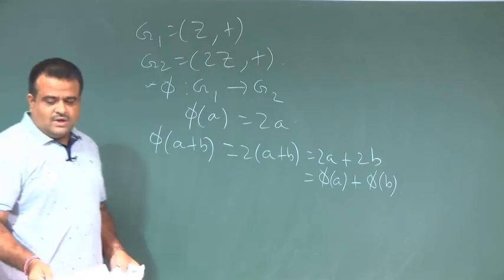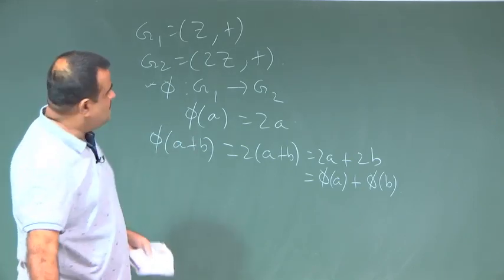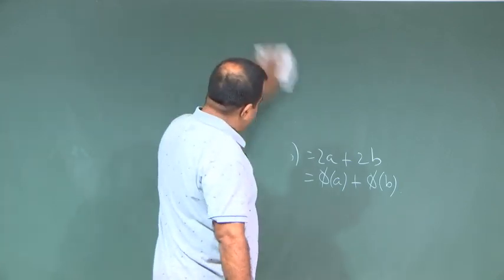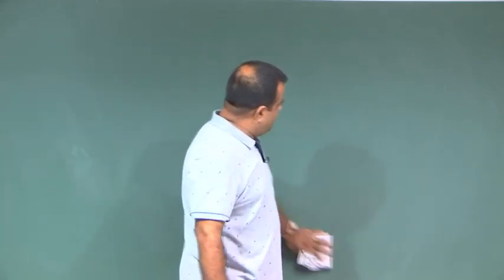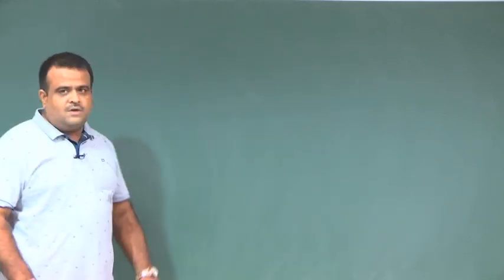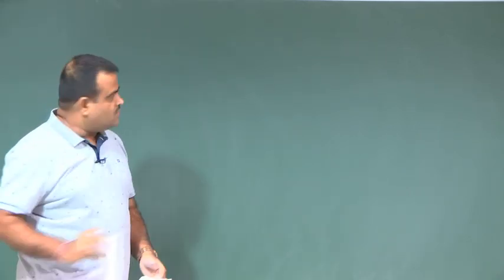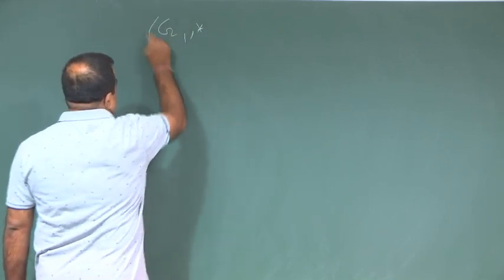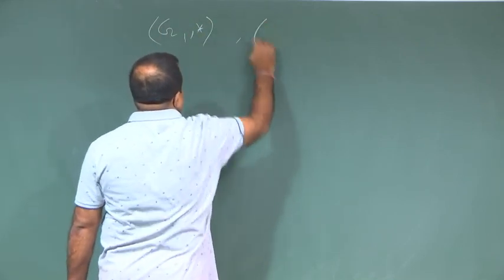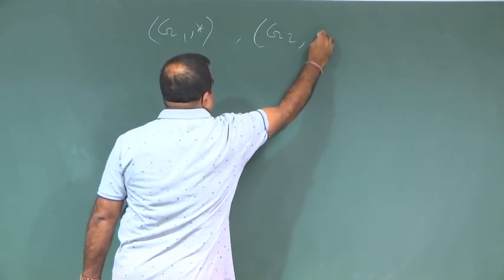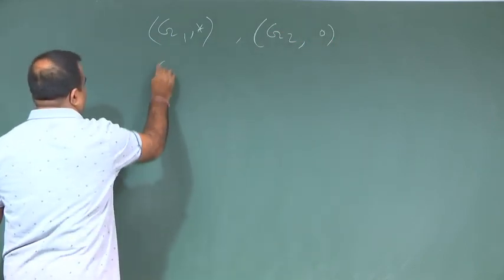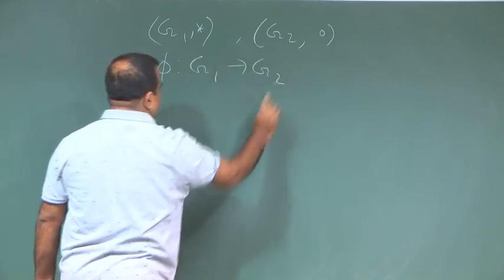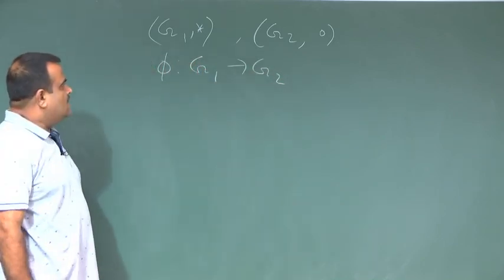Okay. Now, we can have another definition: isomorphic. When is a mapping called isomorphic? Suppose we have two sets, G1 and G2, and a function phi, a mapping from set G1 to G2.